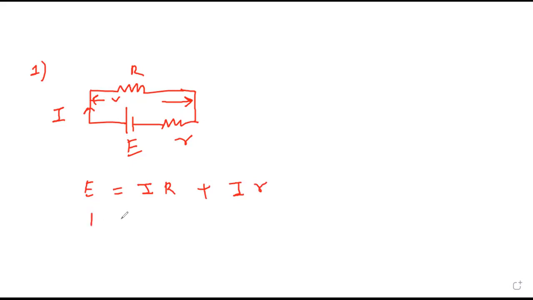Therefore, E equals V plus I into small r. This is the required relation between E, V, I, R. This is the correct relation.